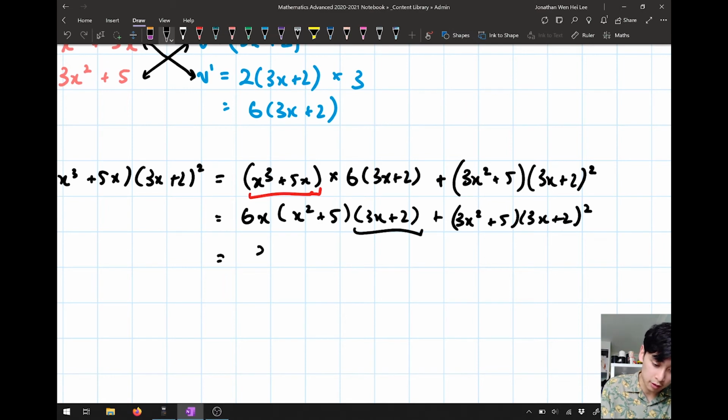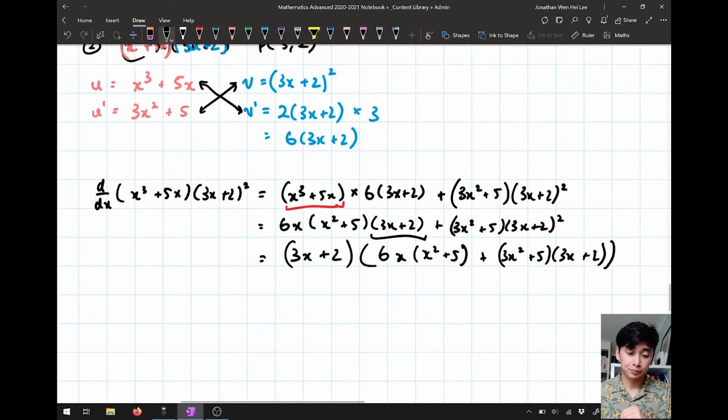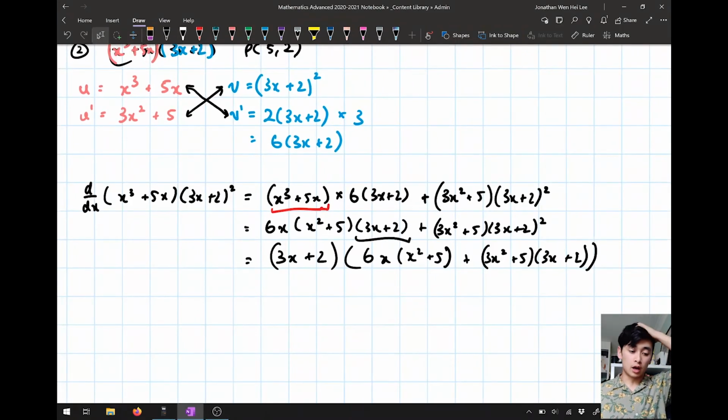I'm going to take that out from both terms. So I've got (3x + 2), and the first term just becomes 6x times (x squared plus 5), plus (3x squared plus 5) times (3x + 2). Okay, so there we go. I have factorized out my (3x + 2), and I've gotten this.